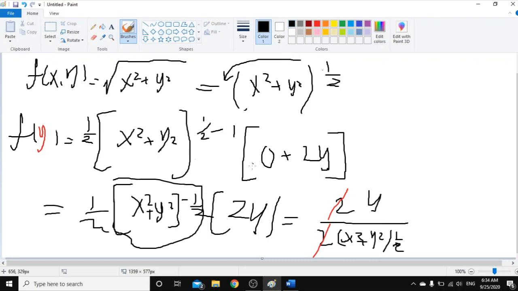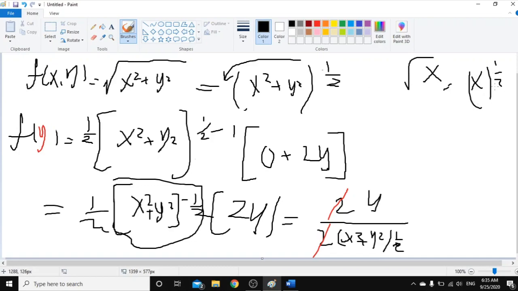And one last thing, if you don't know why we used the chain rule here, we really use the chain rule everywhere. For example, let's say the square root of x. We can write it as x to the 1 over 2.